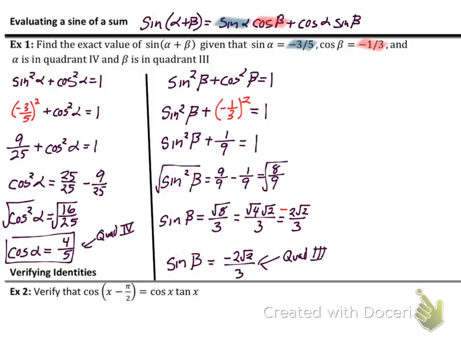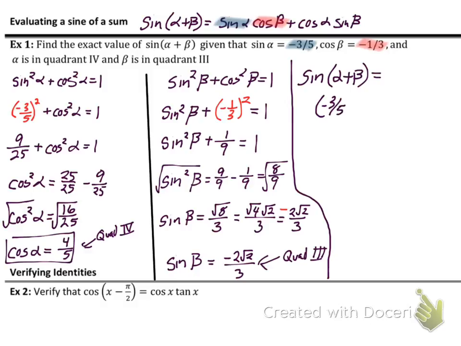We now have all of our bits and information that we need. Now we just need to fill it in. Well, sine alpha plus beta is going to equal, maybe I'm going to write down below just because I don't have a ton of room. It's sine alpha. Well, sine alpha is equal to negative 3/5 times cosine beta.